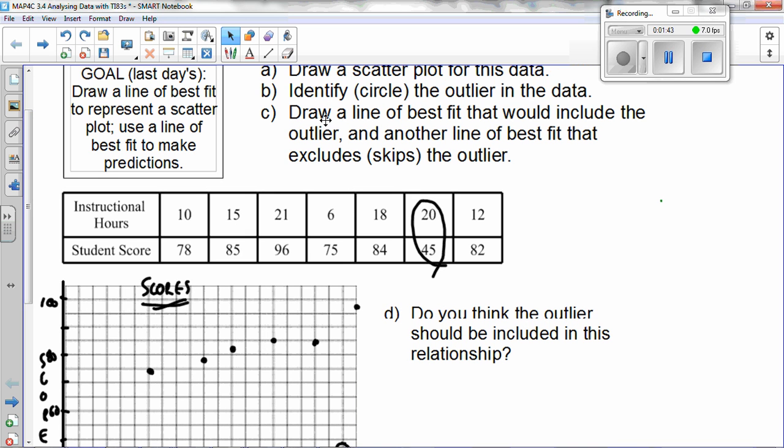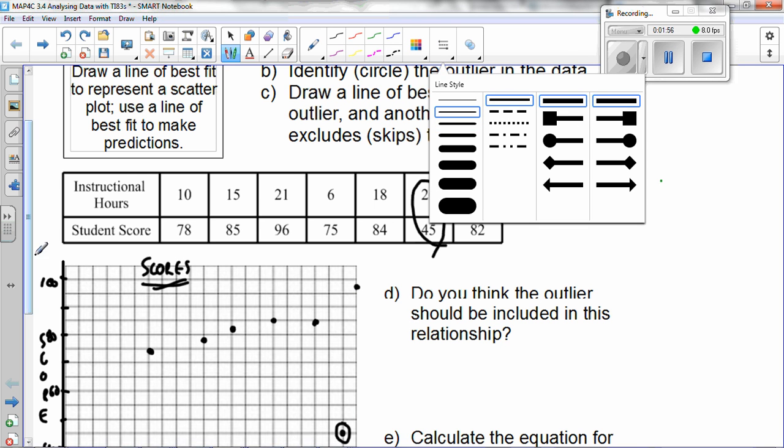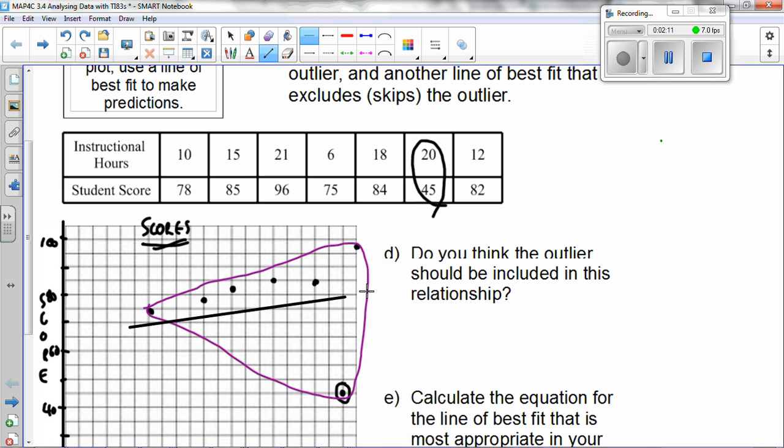Done. Draw a line of best fit that would include the outlier and another line of best fit that skips the outlier. Okay. So including the outlier, let's change our color here. Including the outlier, the line would cut that in half, so maybe something kind of like that.